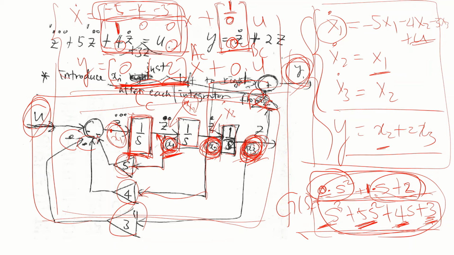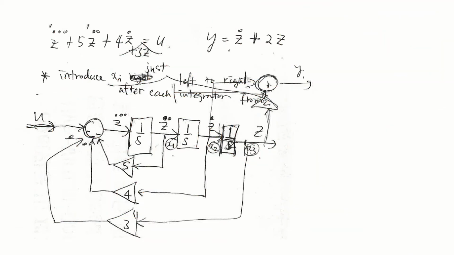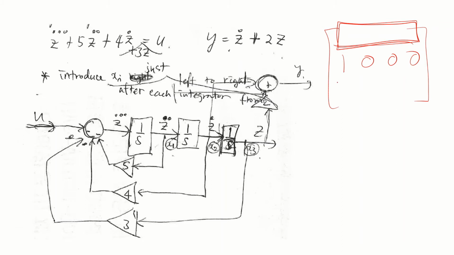Here you have 1, 0, 0, next line 0, 1, 0. If we had 4 by 4, then you could have a non-trivial first row, and the second row would be 1, 0, 0, 0. Third row 0, 1, 0, 0, and the last one 0, 0, 1, 0.